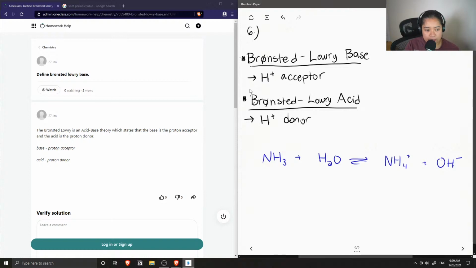So this makes our NH3 the Bronsted-Lowry base, and this makes our water the Bronsted-Lowry acid.